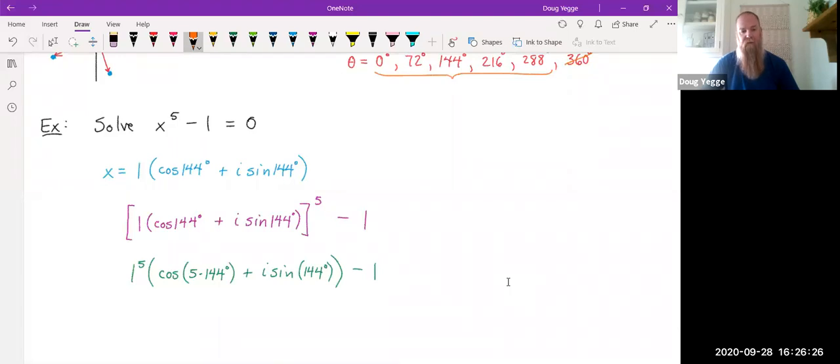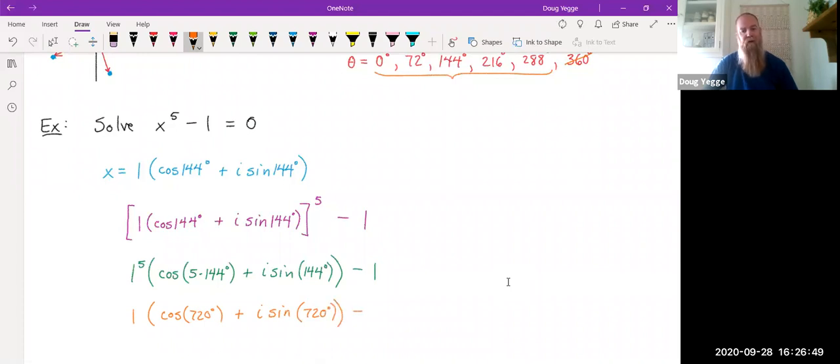Well, notice that 1 to the fifth is just 1. And now I've got to multiply 5 times 144 degrees, which is going to give me 720 degrees, plus i sine of 720 degrees. But notice where 720 degrees is.